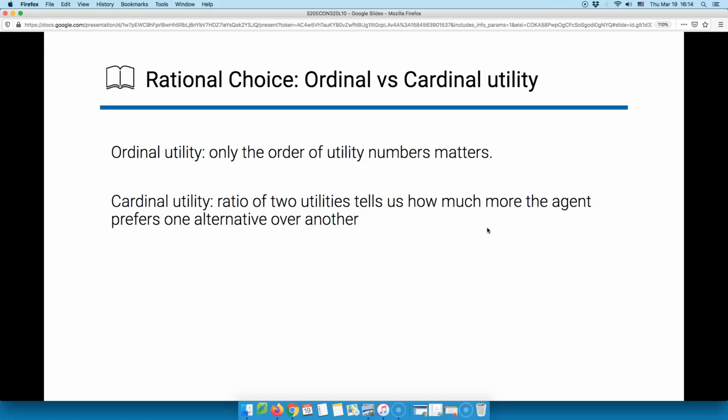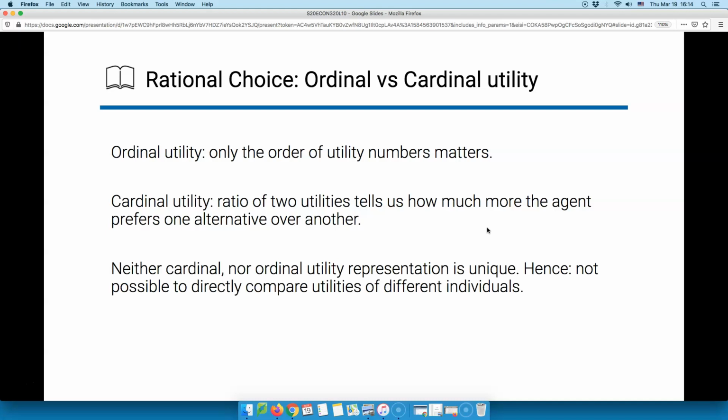With respect to consumer decisions, we usually stick with the cardinal utility because that is more convenient, and that choice possesses more information. Unfortunately, neither cardinal nor ordinal utility representation is unique.